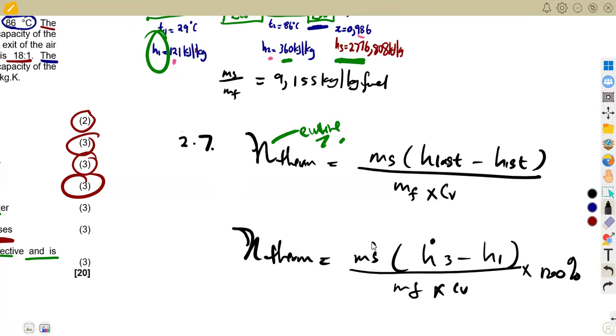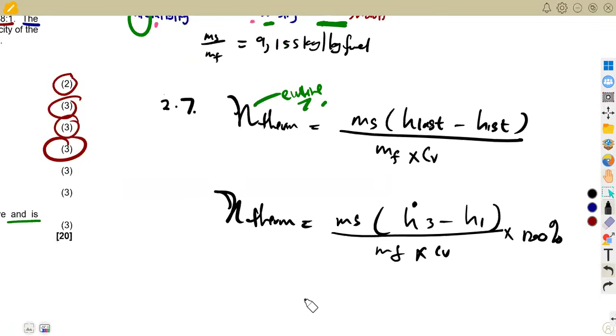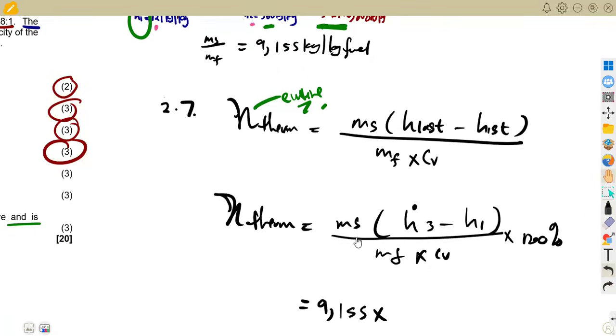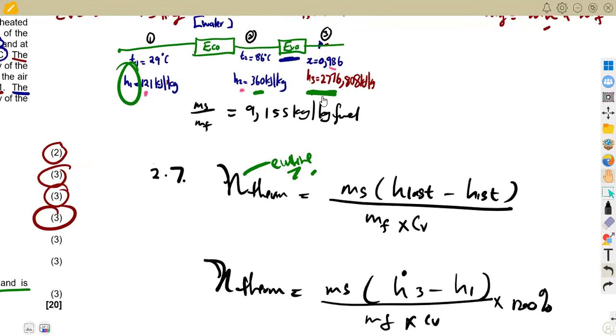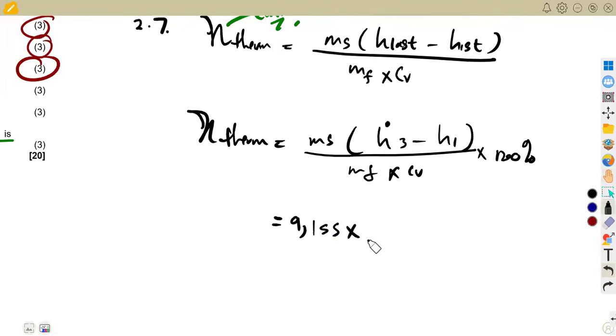Mass of steam, mass of fuel, we talked about this. So here, I'm not going to have a repetition. It's just a substitution that is happening here. That is 9,155 times H3 minus H1 now. This is where it is ending, starting at this point. So it's going to be H3 minus H1. Let's subtract. Remember, our H3 is 2,776 minus H1, which is 121.